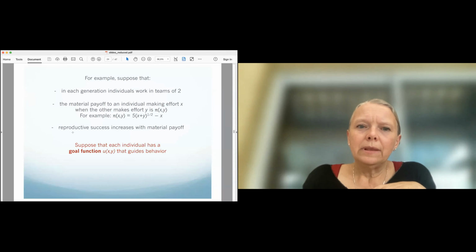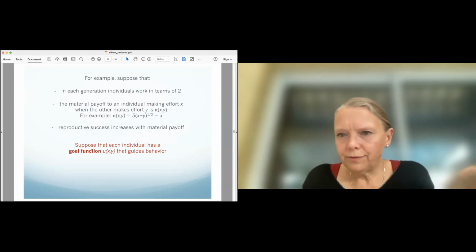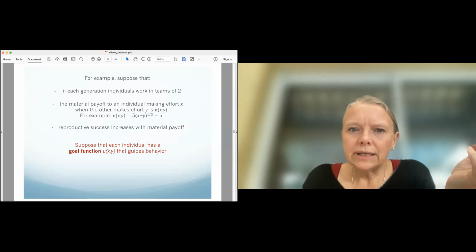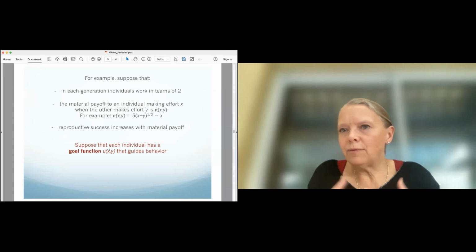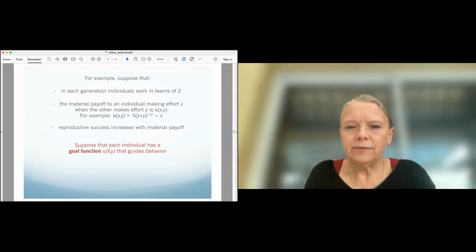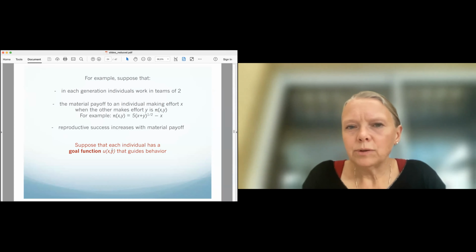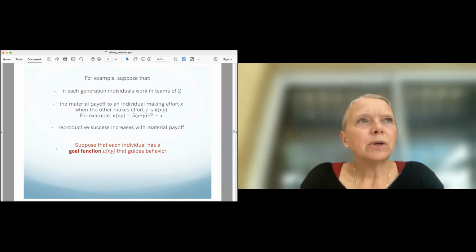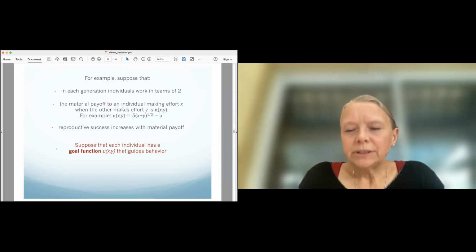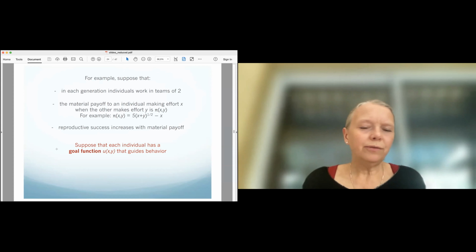Okay, and now suppose that each individual has some utility function or goal function that guides behavior. So this utility function also depends on the effort level chosen by the individual himself and the effort level chosen by the other individual, right? So it could be, I have some cost of effort, but I can also be pleased or displeased by the fact that the other makes more effort.